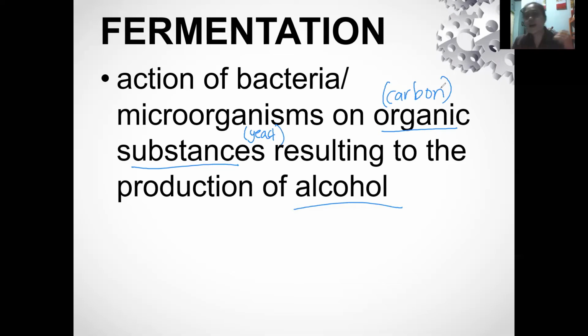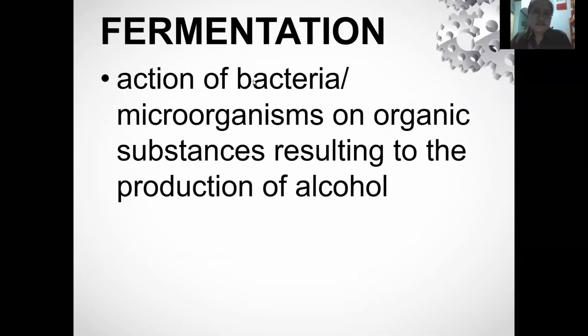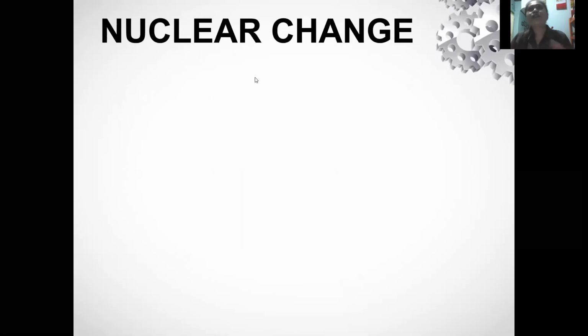And then ayun, nakagawa kami ng wine out of jackfruit, apple, and then peach. So I hope sa inyong when you reach third year, magkakaroon din kayo ng experience of doing fermentation. So those are the processes involved in chemical change.